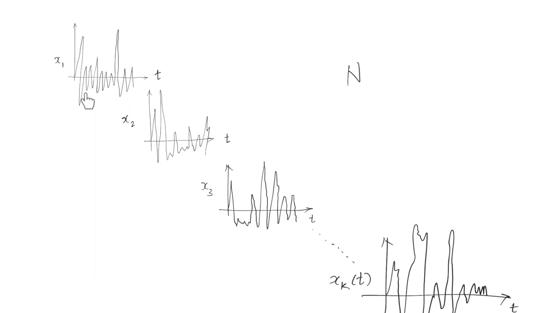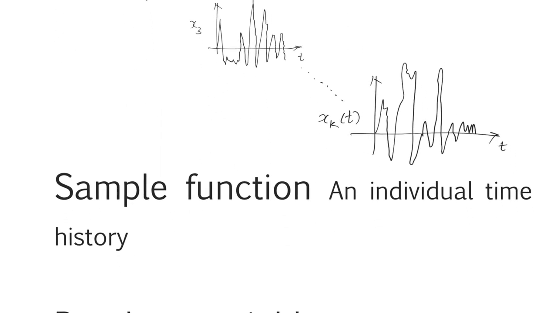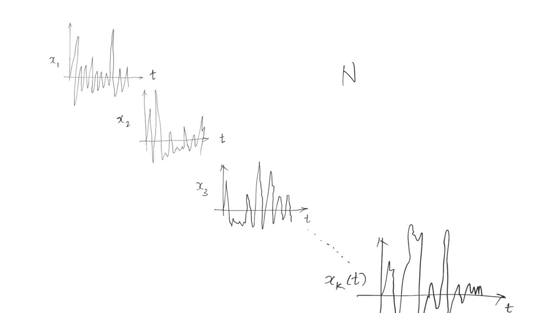Each of these individual time histories is known as a sample function, as shown here. And generally the variable x_k of t, where k varies from 1 to capital N, is known as the random variable. So this individual time history is known as a sample function, and the variable x_k of t is known as a random variable.